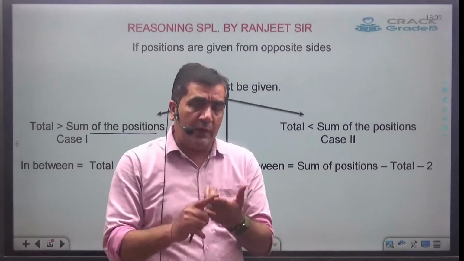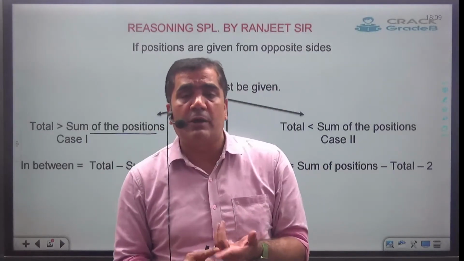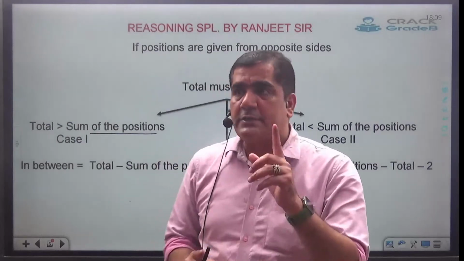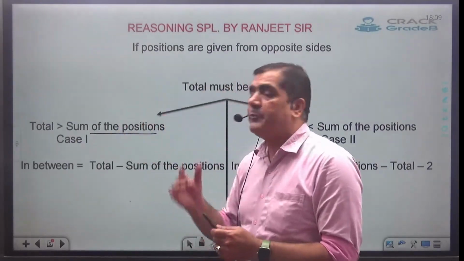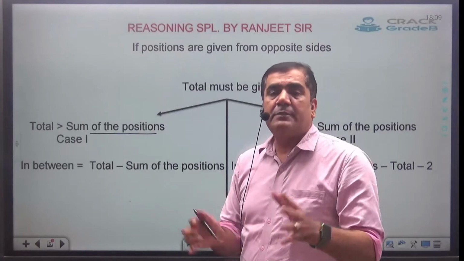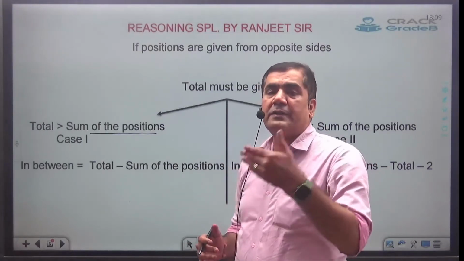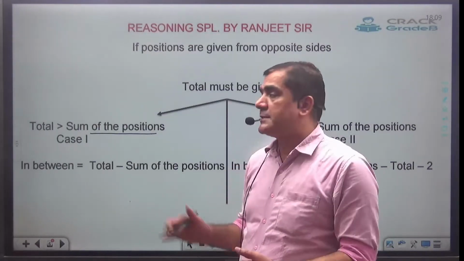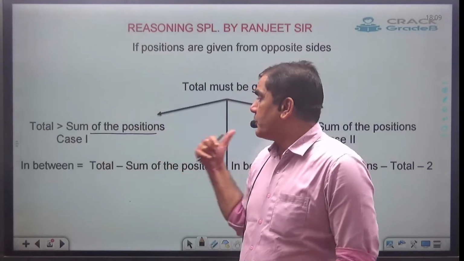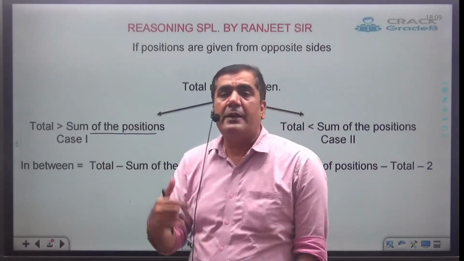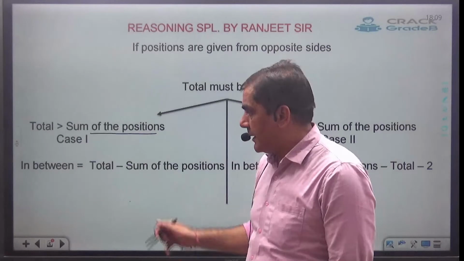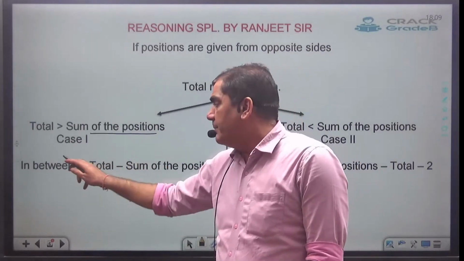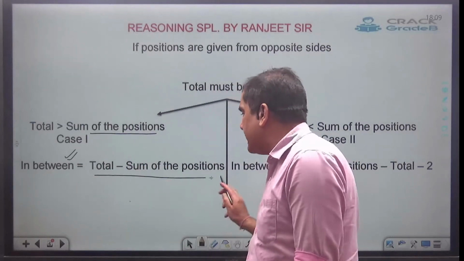Clear? Total signifies whether case 1 will be possible or case 2 will be possible. Simple concept: whatever positions they have given, simply add them and compare with total. If total is more than the sum of the positions, that will be case 1. If total is less than the sum of the positions, that will be case 2. And whenever the problem is based on case 1, then in between must always be total minus sum of the positions.